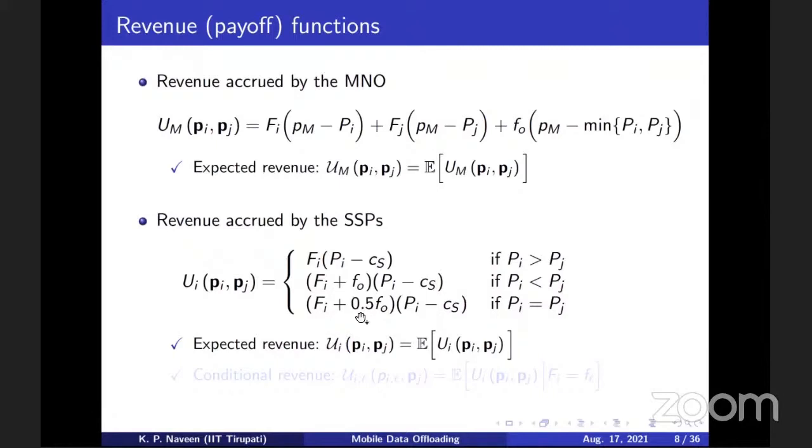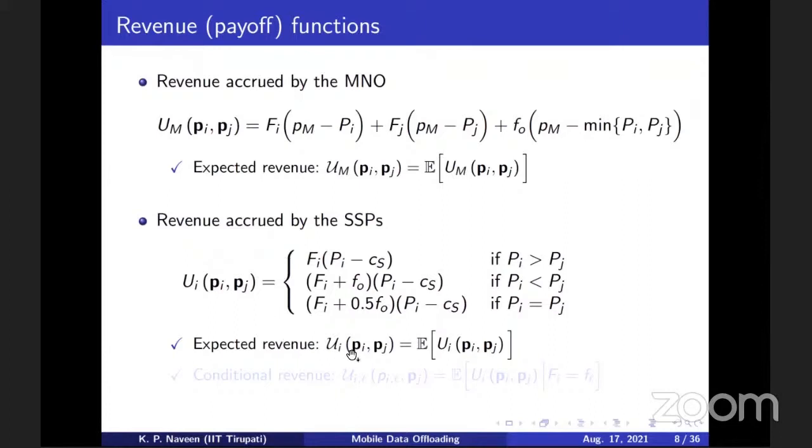This is just for simplicity, so we can plug in any number alpha here. Or we can also think of it as with probability 0.5 the flow is offloaded onto SSP i and with the remaining probability onto SSP j. So this is the revenue of the SSP.